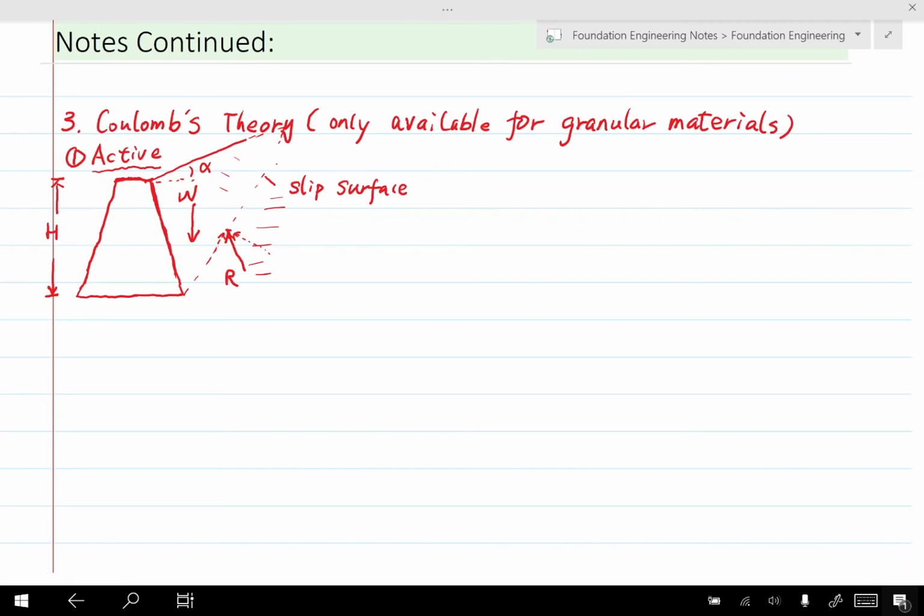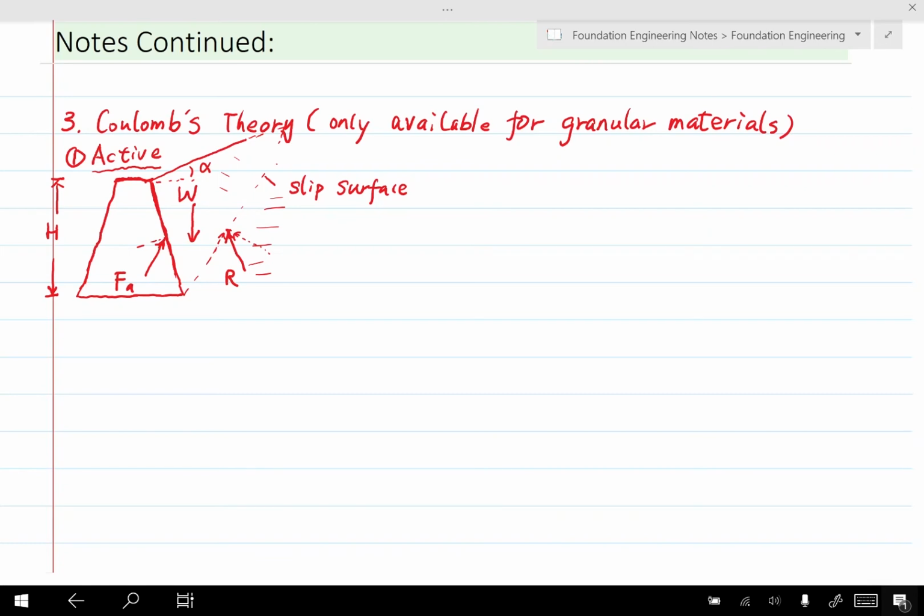We should also have another force coming from the wall, because the wall needs to sustain the weight of the soil body above the slip surface. There is also friction between the wall and this soil body. So based on the relative movement, this force should be like this. And this force is the resultant of the active earth pressure.